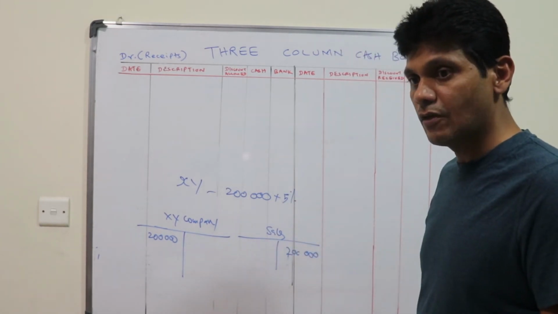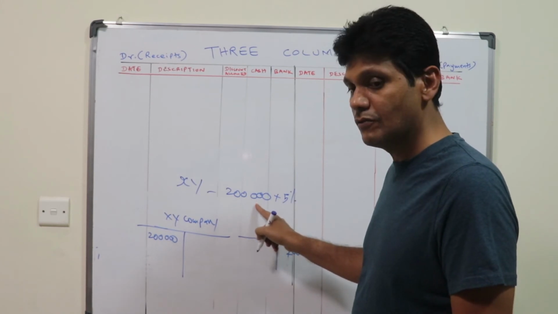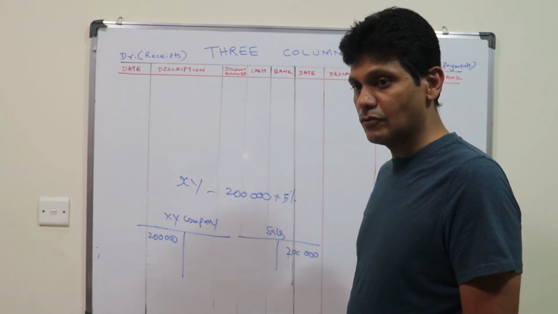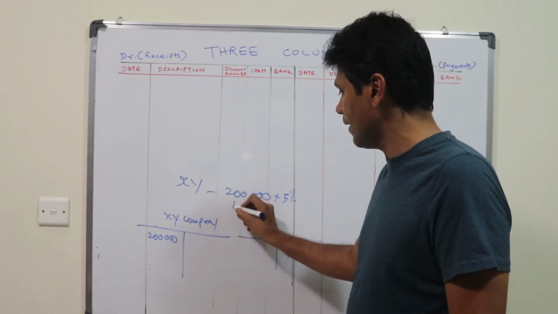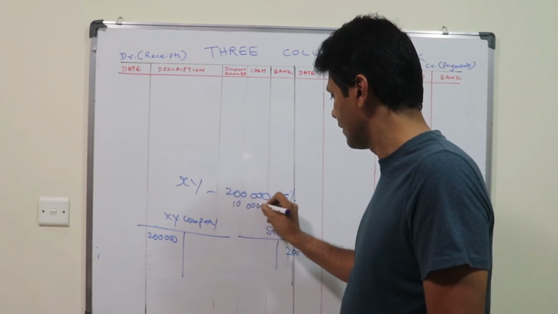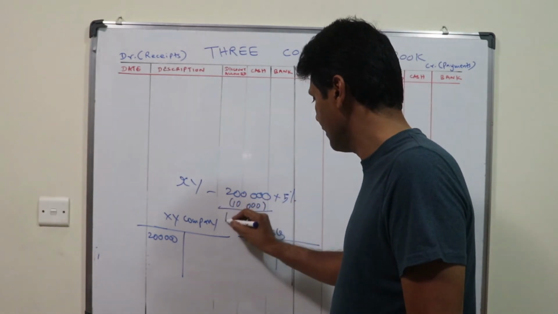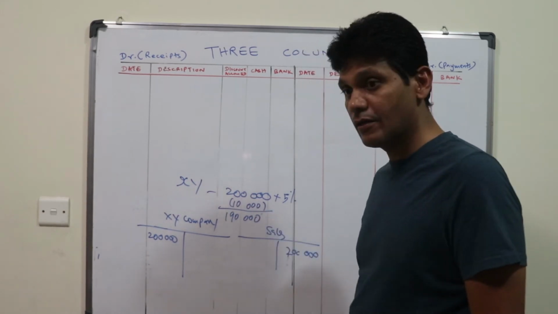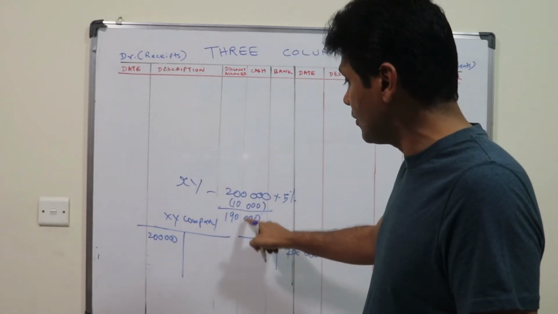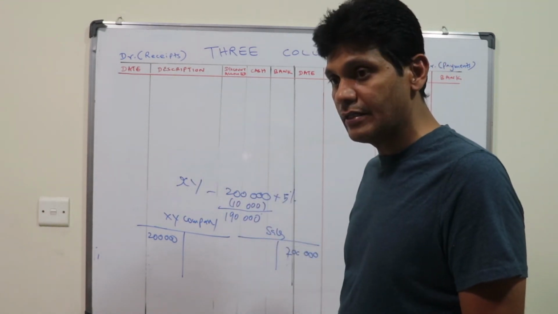So how much is the discount? 5% on 200,000 will be 10,000. Then how much should you receive as a company? 190,000. Instead of receiving 200,000 in cash, you will receive 190,000.